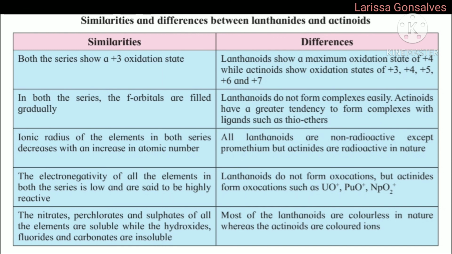All the lanthanoids are non-radioactive except promethium, but actinoids are radioactive in nature. Lanthanoids do not form oxocations, but actinoids do form oxocations. Most of the lanthanoids are colorless in nature, but actinoids form colored ions.